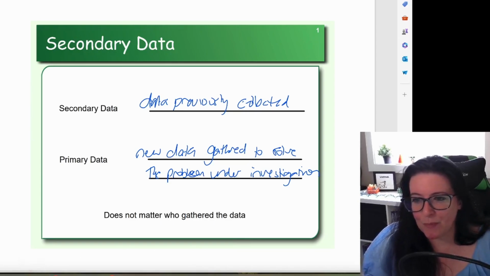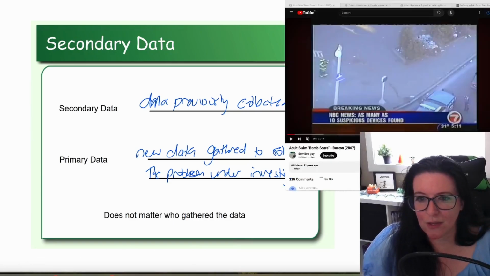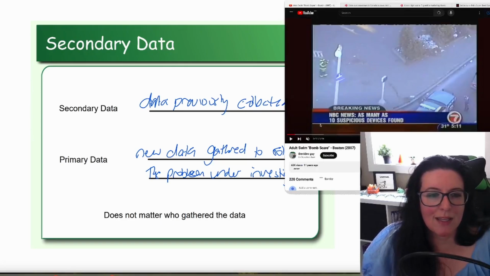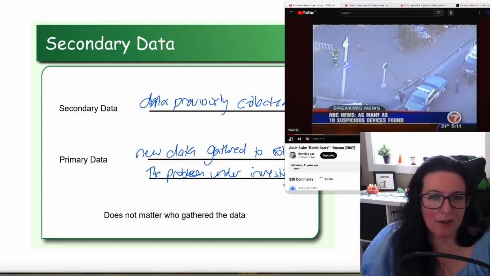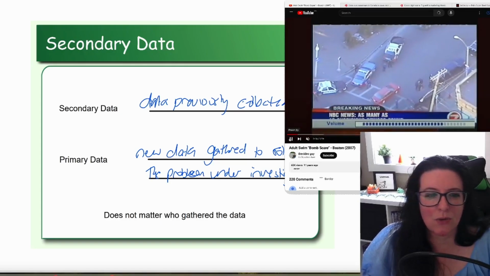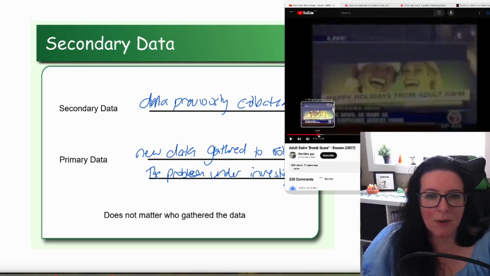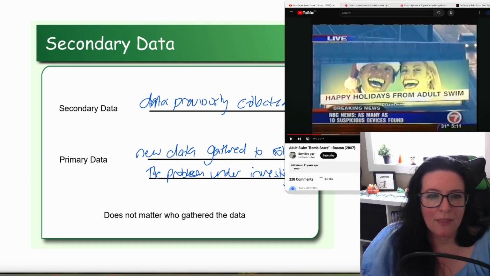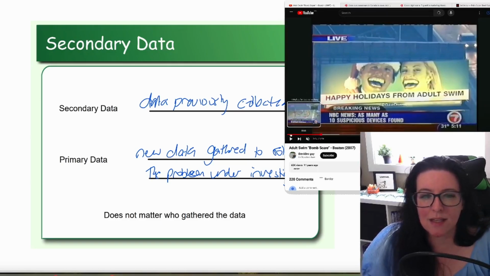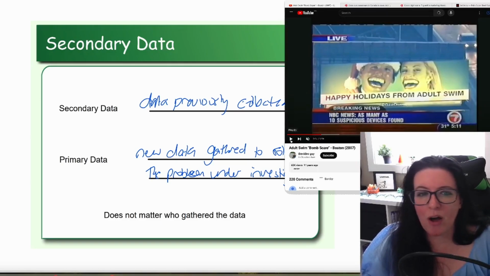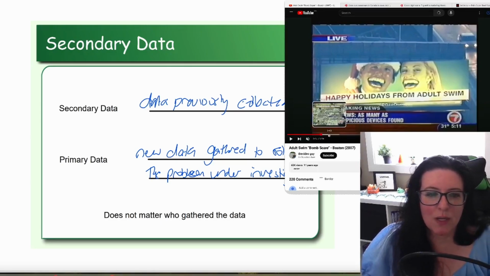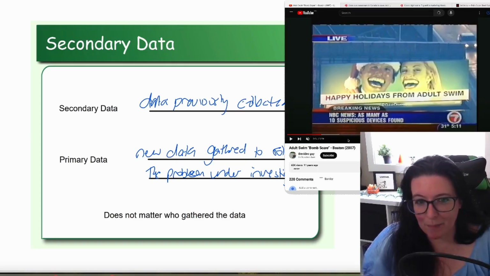For example, I'm just going to turn on this little clip here. So this here is a breaking news video that we see here, and we'll just play for a couple seconds here, but you can see all the cops coming in, and the issue here is there was a device that was spotted on this billboard that people thought was a bomb, and it turns out that it was simply a guerrilla marketing campaign.